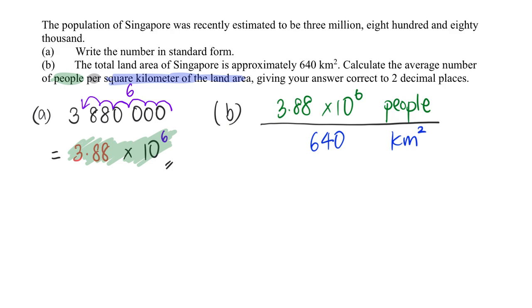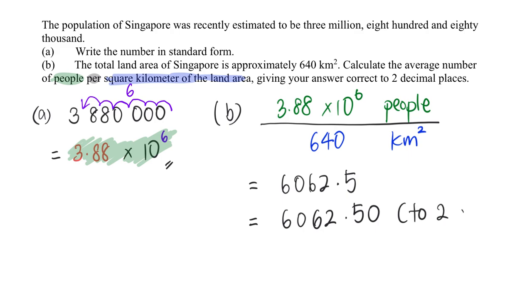And after that, this will give me a value of 6,062.5. But they do want us to give my answer correct to 2 decimal place. So meaning I will then have to rewrite my answer as such to 2 decimal place.